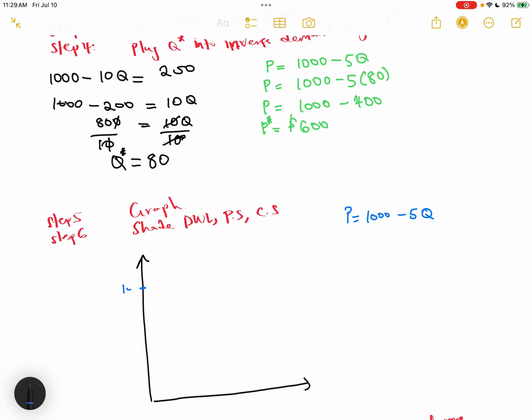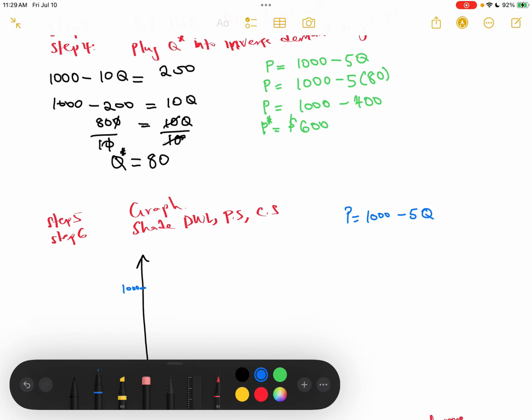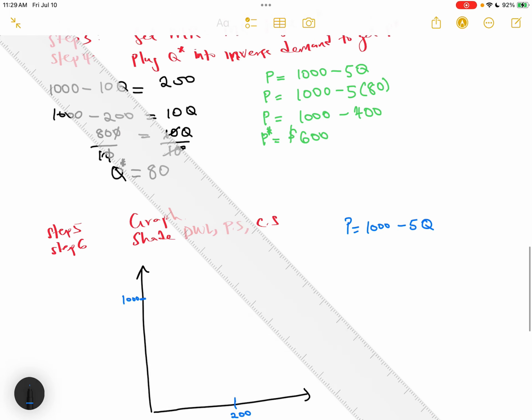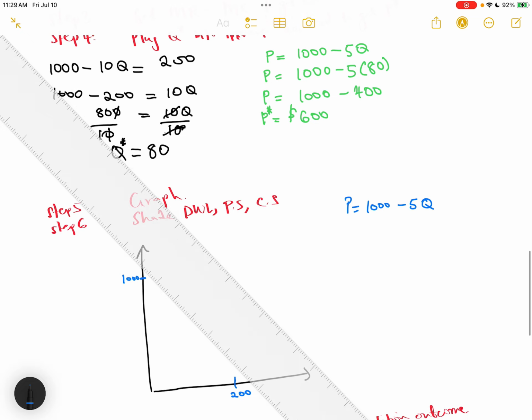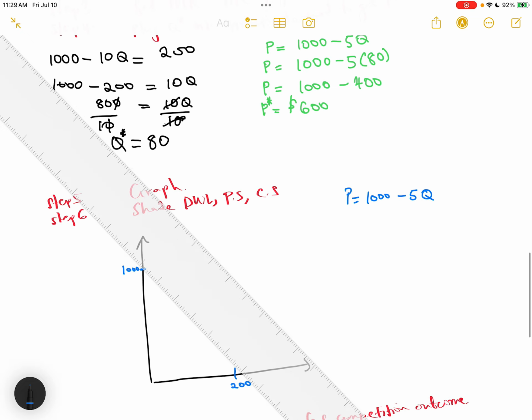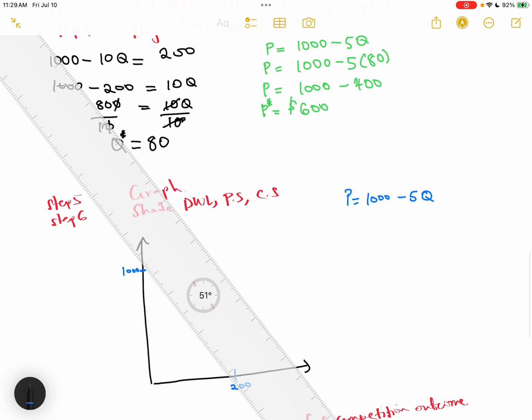So up here, we'll have 1000. And the other way, when P is 0, Q will be 1000 divided by 5, so 200, right? So our 200 is here. We are going to connect the two. Let's try to use this ruler.